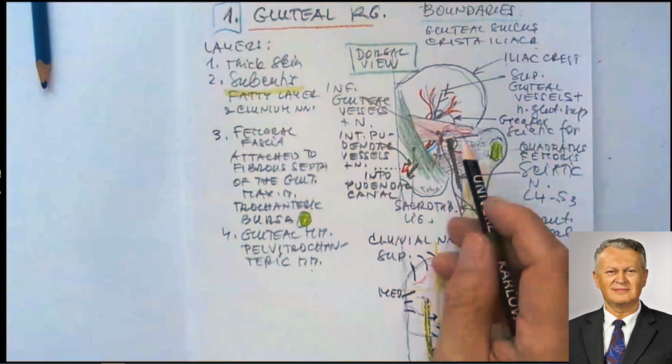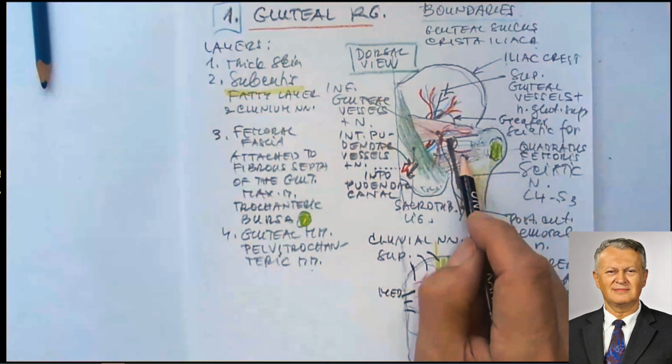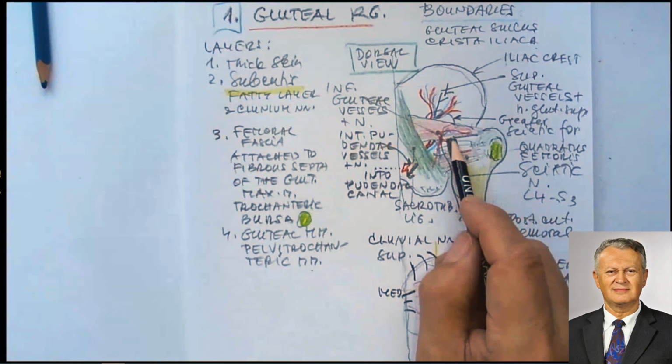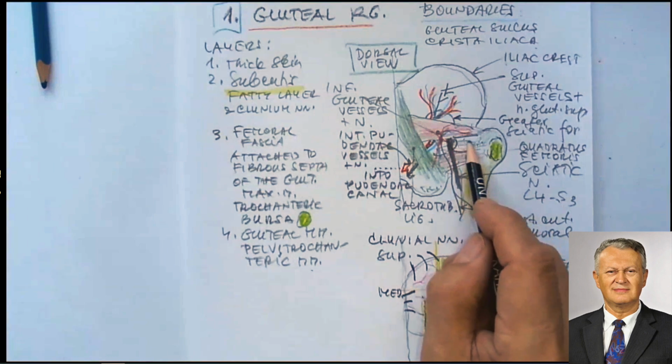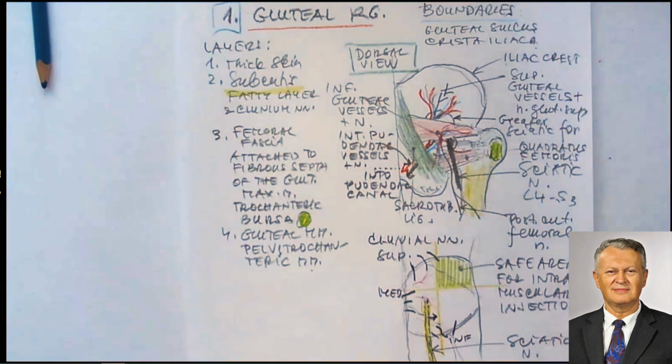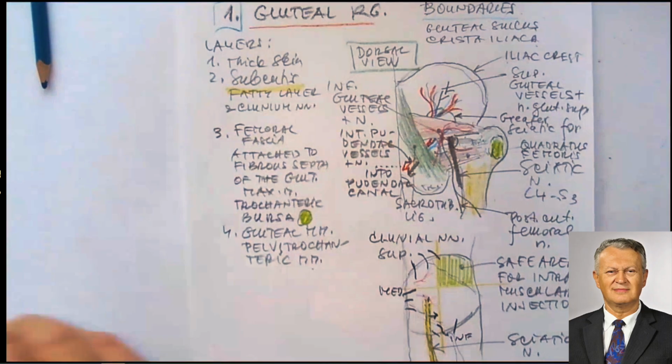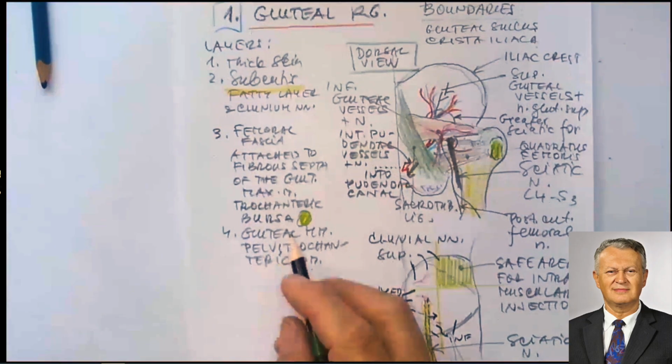You can look into the atlas: piriformis, quadratus femoris, gemelli superior and inferior, and the tendons of the internal obturator. So the names will not be mentioned at the moment.